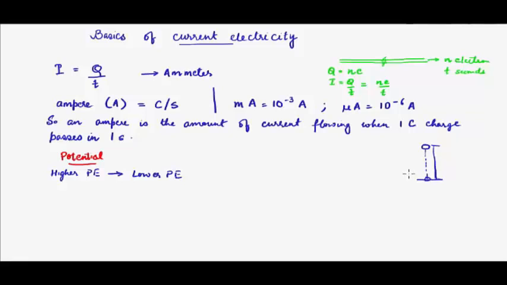Similarly, if we think about heat, right? If we think that we have a body at 70 degrees Celsius and attached to that there is another body at, let's say, 100 degrees Celsius.